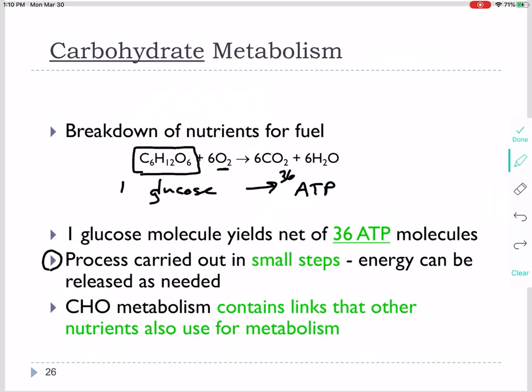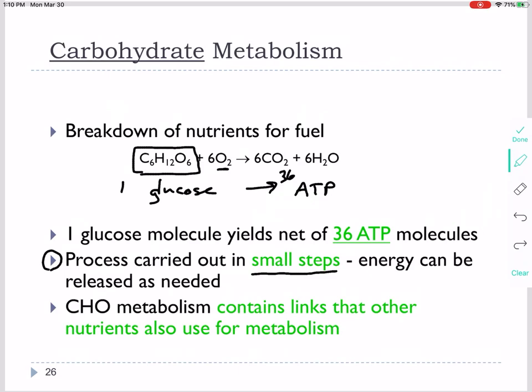Some other things to point out. The processes, the chemical reactions of cellular respiration are carried out in small steps. And at first, it makes you want to pull your hair out because all these small steps are so in-depth and detailed. But the idea is that it means that energy can be released as needed. And that's important because, you may recall, ATP cannot be stored.